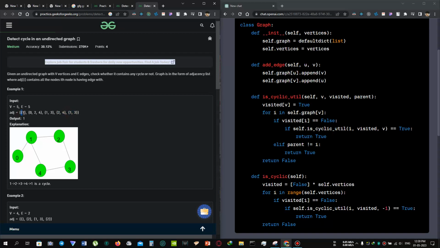So let's start again. Index 0, 1 comes at index 0, which means there is a path between 0 and 1. These three elements come at index 1, which means there is a path from 1 to 0, which is obvious, and there is a path from 1 to 2, and a path from 1 to 4.